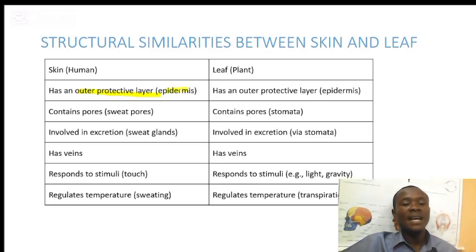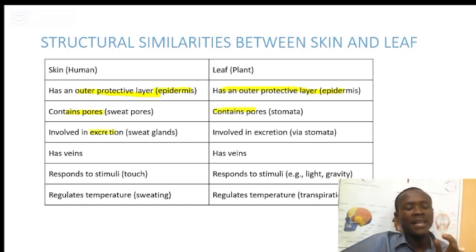The skin has an outer protective layer called the epidermis, and the leaf has an outer protective layer called the epidermis as well. The skin contains pores, and the name of these pores is sweat pores. And the leaf also contains pores, and the name of these pores is the stomata.